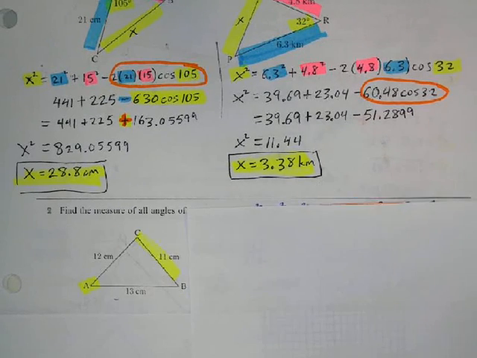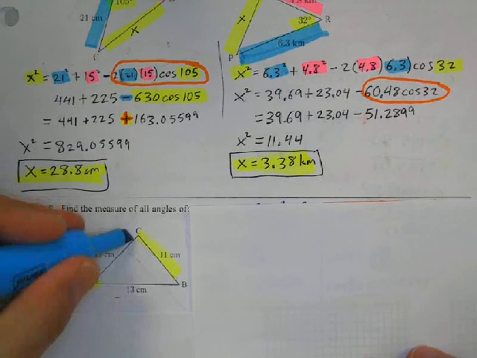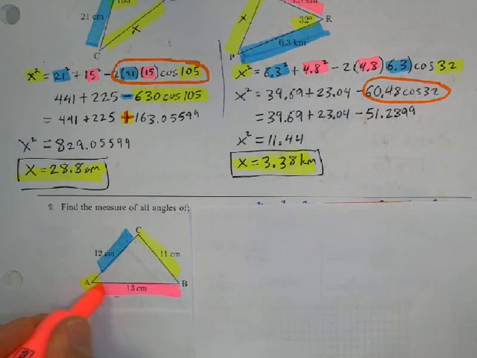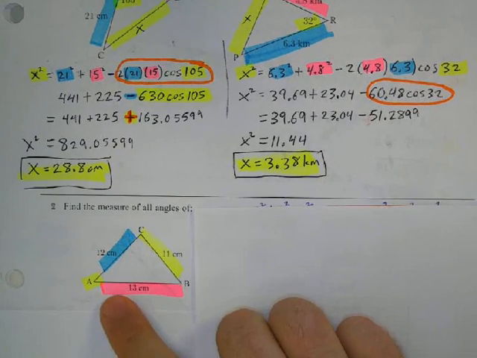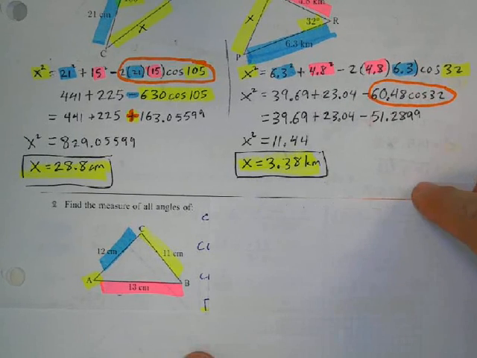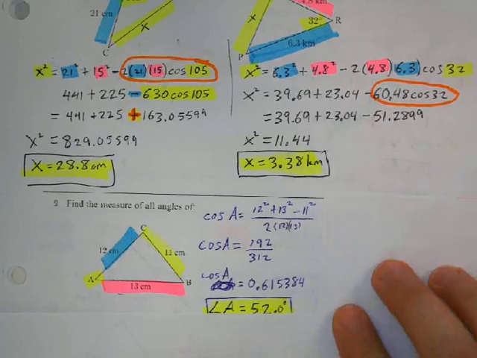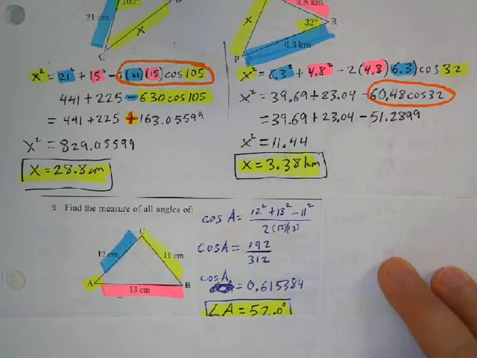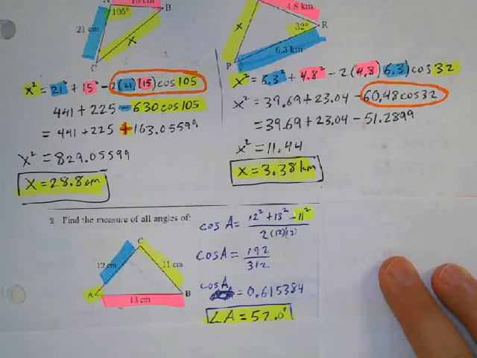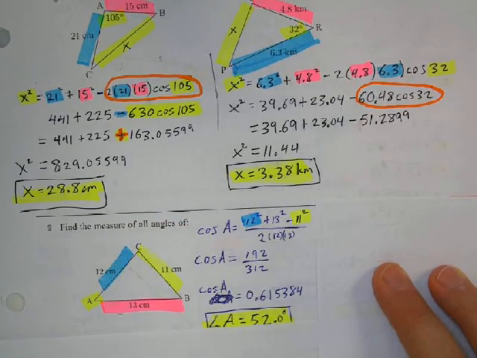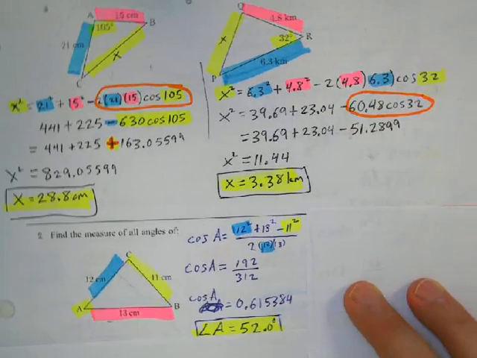So this blue one and this pink one, those are on either side of angle A. So I'm going to say, okay, cosine A, the one that we're subtracting is the 11 squared, and the 12 squared and the 13 squared are ones that we're adding.